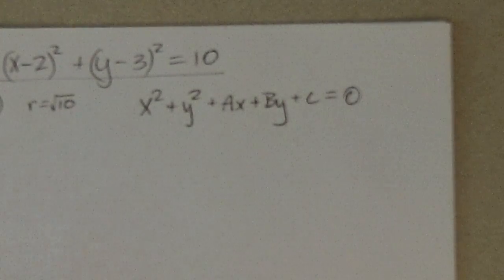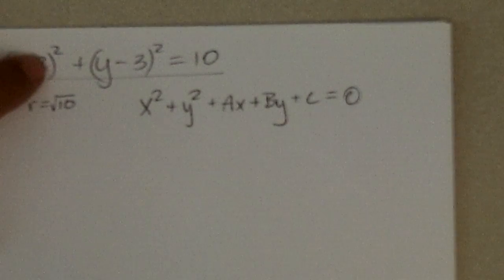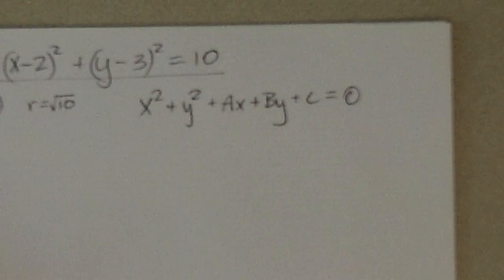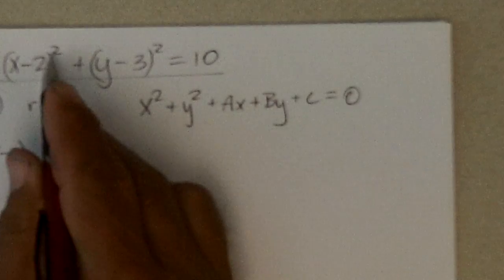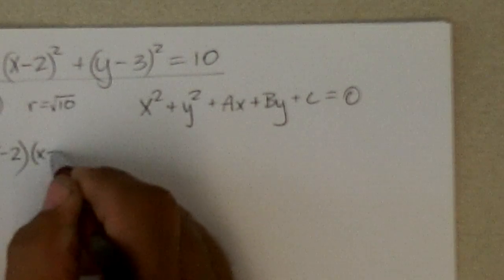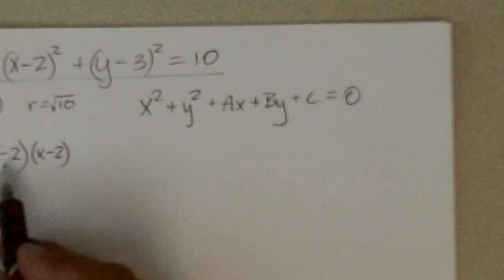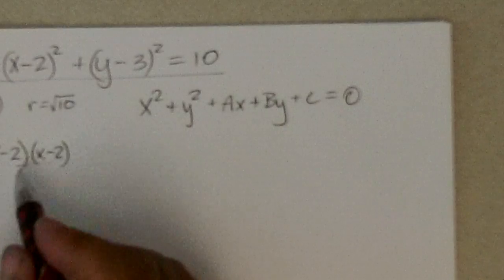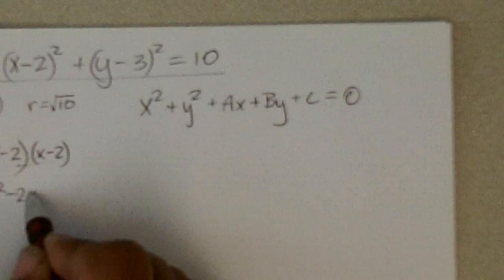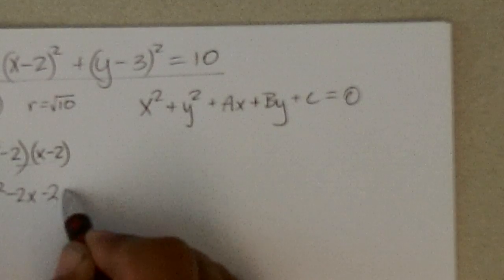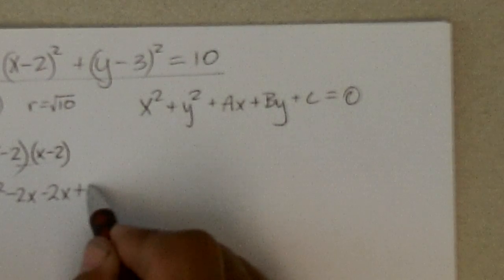Well, we have to remember how to square a binomial like this. We take x minus 2, and squaring it means times itself. If I square that, I get x times x, which is x squared, minus 2x minus 2x plus 4.